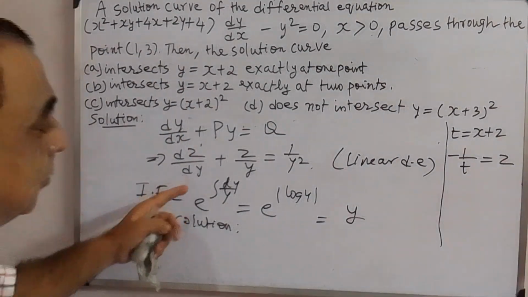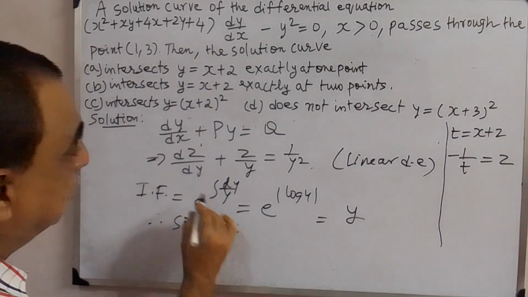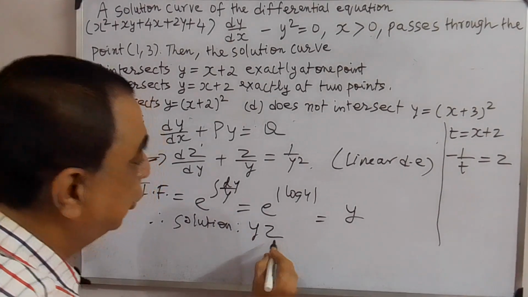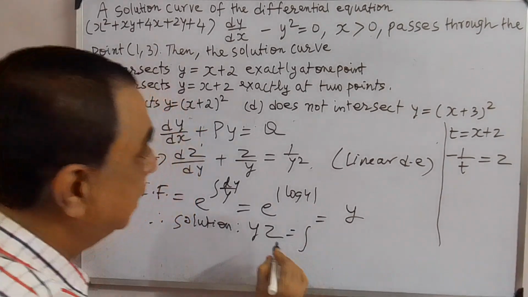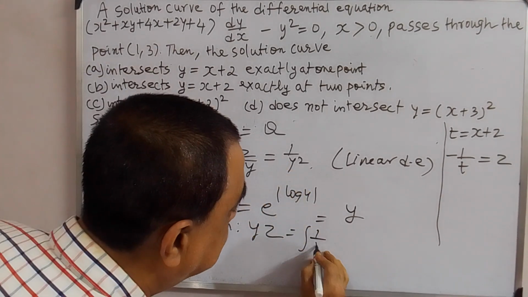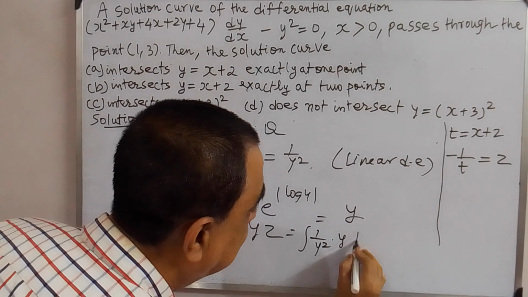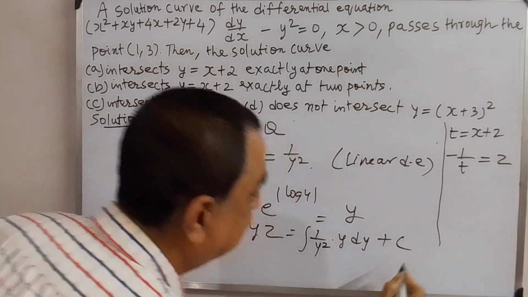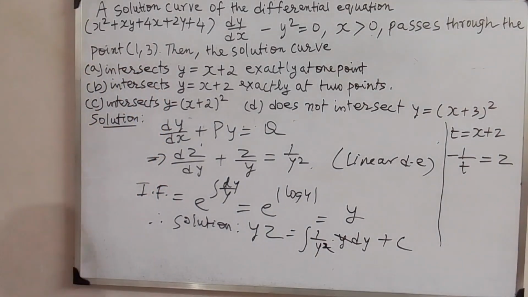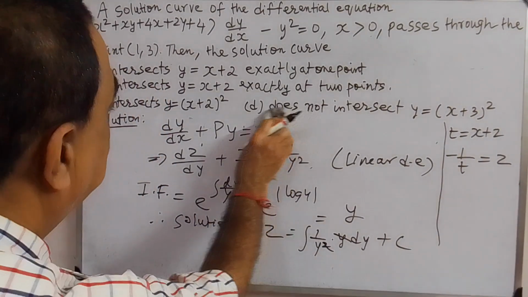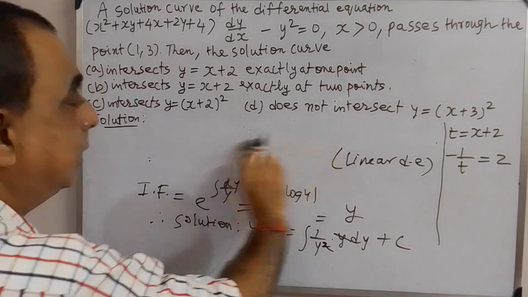So what will the solution be? The solution will be y into z. Integrating factor into z will be equal to the integration of 1 by y squared into y dy plus c. So y and y cancel out.